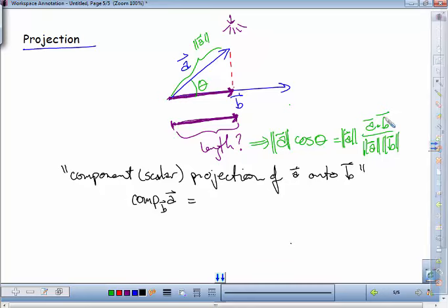This is equal to the dot product of A and B divided by the magnitude of B, because the magnitudes of A canceled, right? So that's the length of that vector. And the length, in fact, is a scalar, so sometimes this is called a scalar projection. It's a projection, but you're taking the scalar portion of that. Does that make sense?